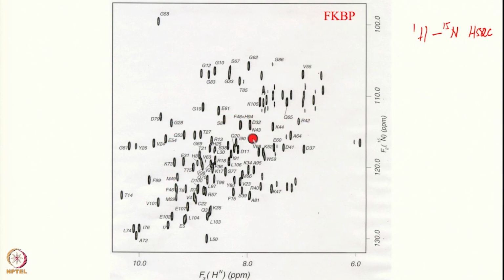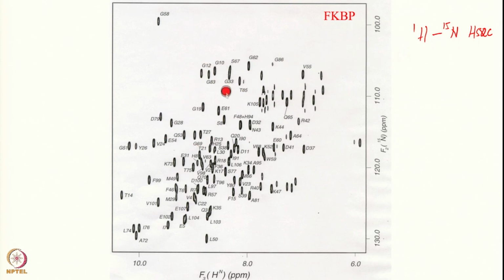Of course, similarly if we were to take a particular N15 chemical shift somewhere, for example here, then you will see so many N15s at the same point, the same N15 chemical shift, but they have different amide proton chemical shifts. Therefore, they get separated out quite distinctly in this 2-dimensional correlation spectrum. Amide proton N15 correlation spectrum, that is why it is called the heteronuclear single quantum correlation spectrum.